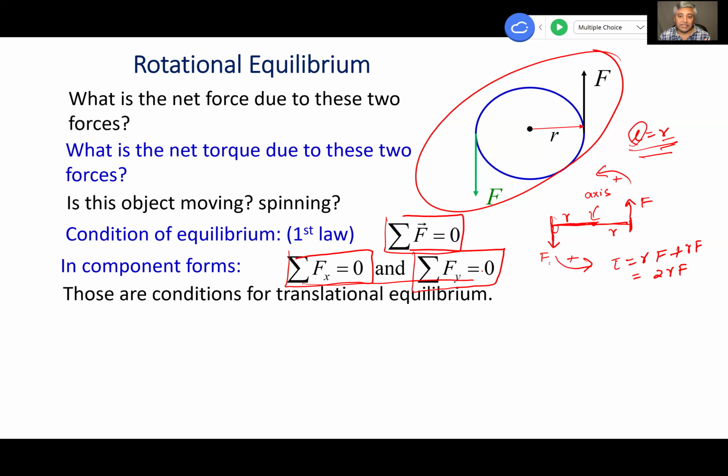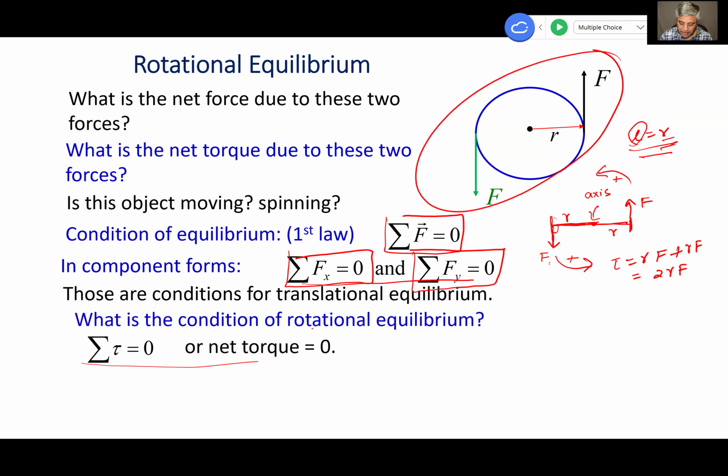Now if the object is also in rotational equilibrium, that means net torque is 0, so we can write this equation as well. If something is not rotating or not moving, then it is in both kinds of equilibrium. So we can use all three equations to solve problems for this kind of situation.